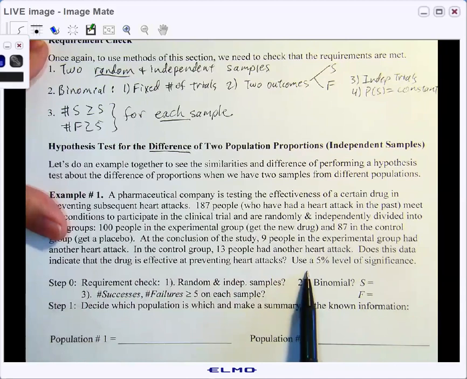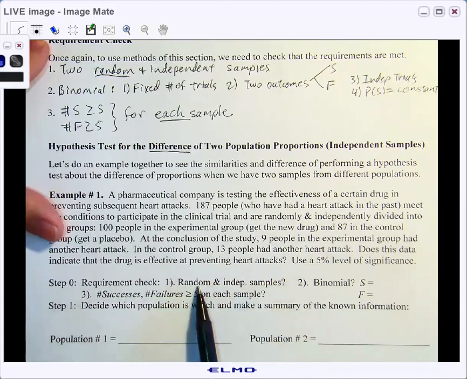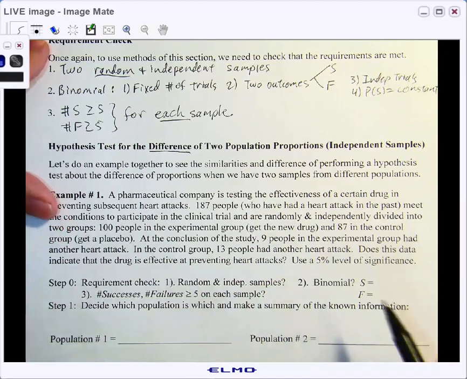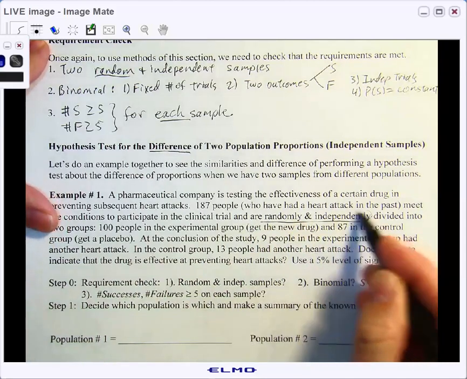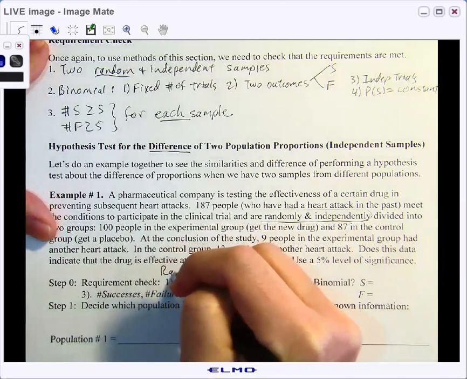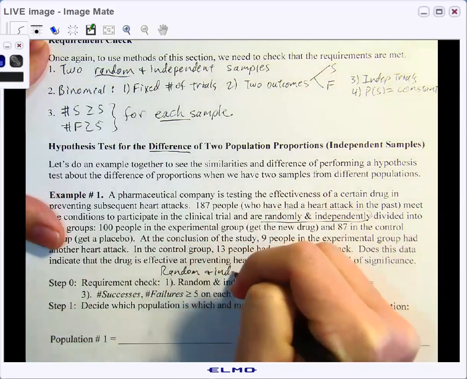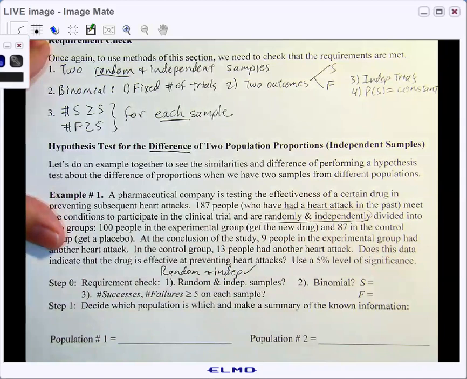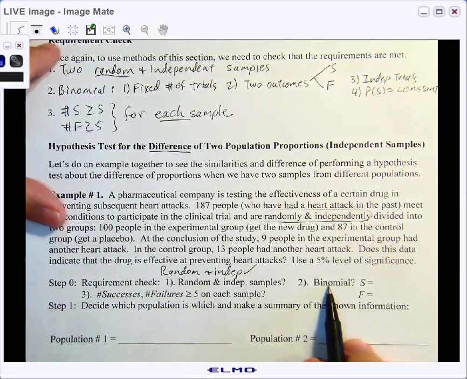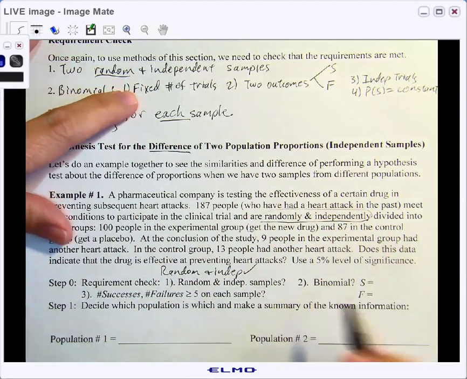So first off, let's check our requirements. Did we have random independent trials? Yep. So on the homework and on a test, please note that for me. Do we have a binomial? Well, let's go through. Did we have a fixed number of trials? Yes.